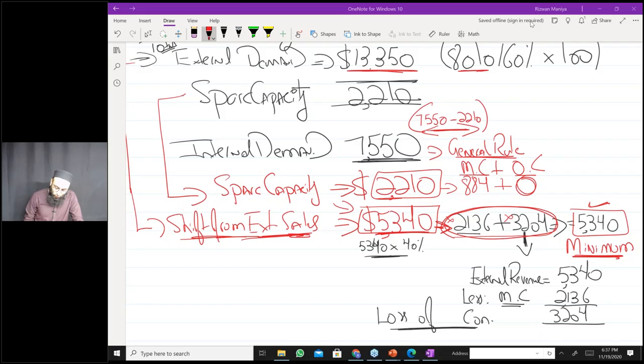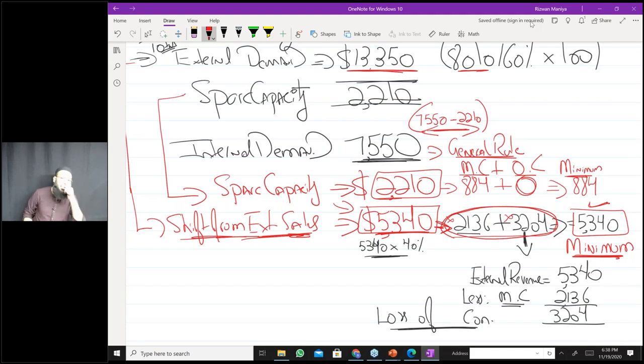So this means 884 is the minimum you can charge for using your spare capacity. Say yes or no. So for this you can charge the variable cost. This is the minimum. But listen to what I'm saying.